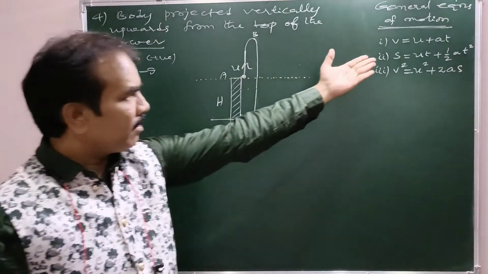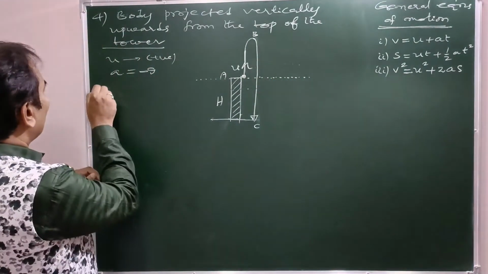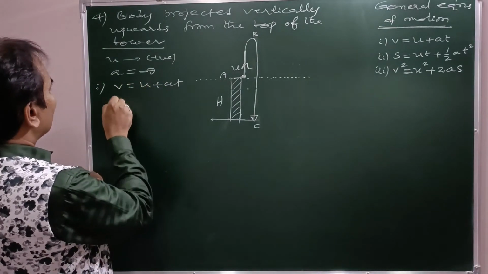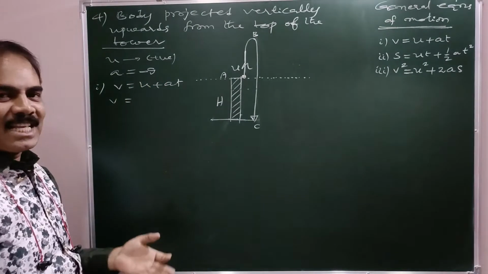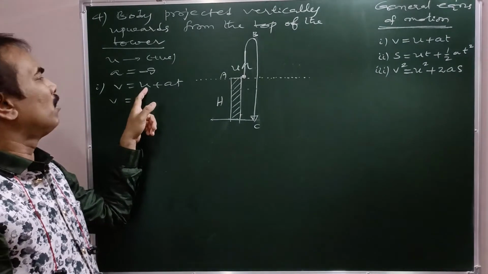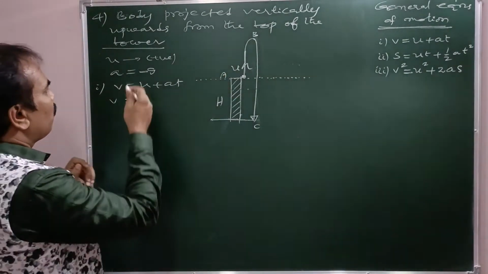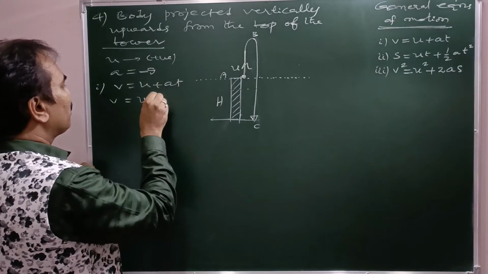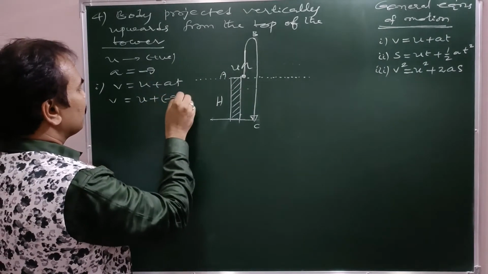Now replace the equations of motion one by one. First one, v equal to u plus at. So v is the unknown instantaneous velocity, u is known. Going up means positive, so plus u, plus a which becomes minus g.